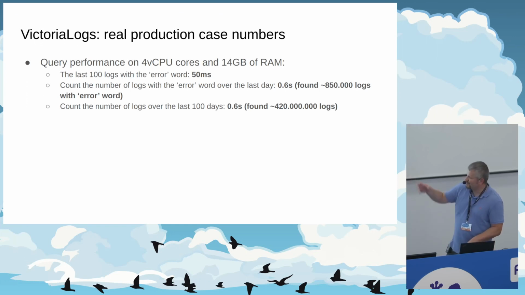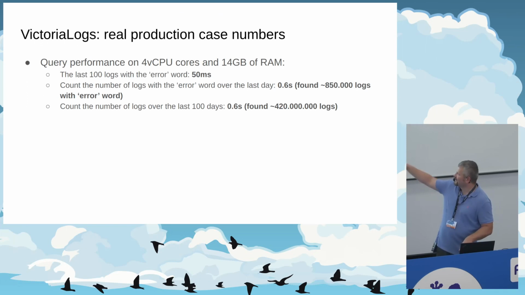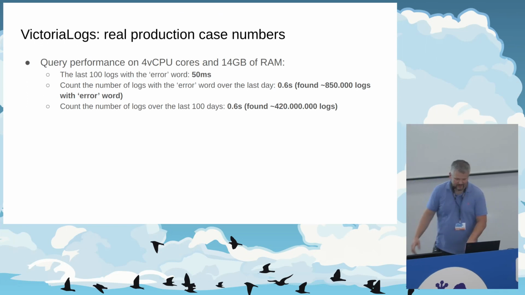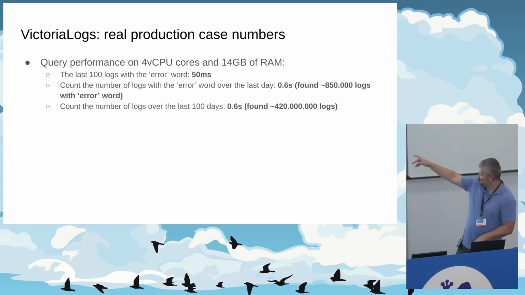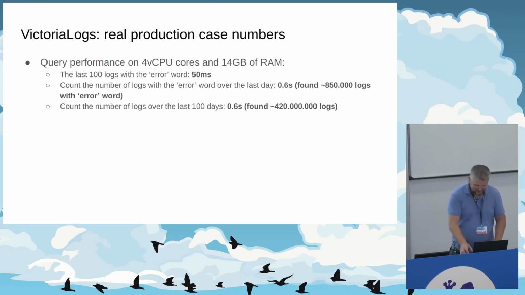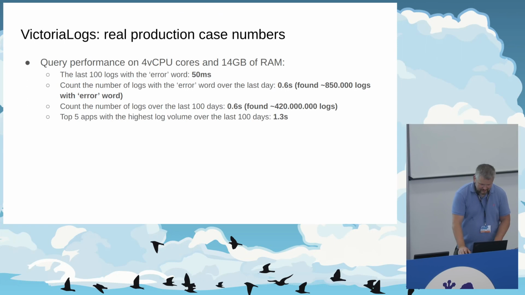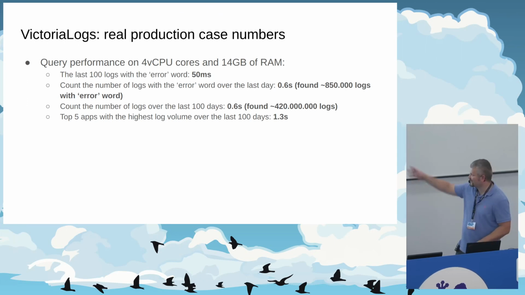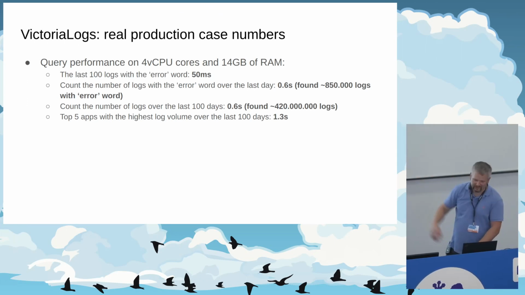It can count the total number of logs over the last 100 days in the same 0.6 seconds, and it finds almost 500 million of logs. It can find the top 5 applications, Kubernetes containers which generate the most of logs over the last 100 days in slightly more than 1 second.